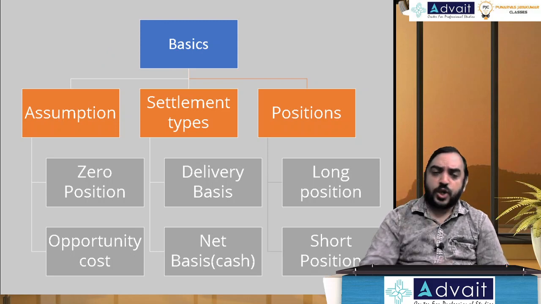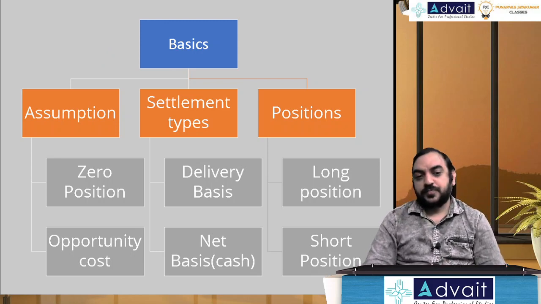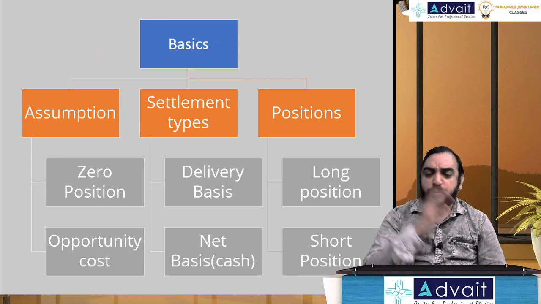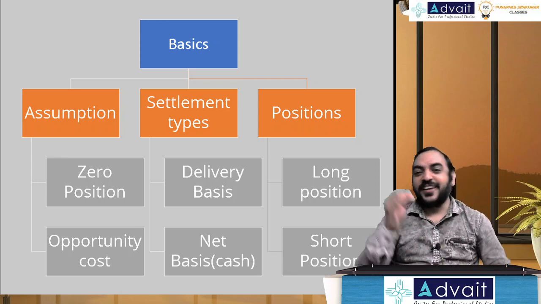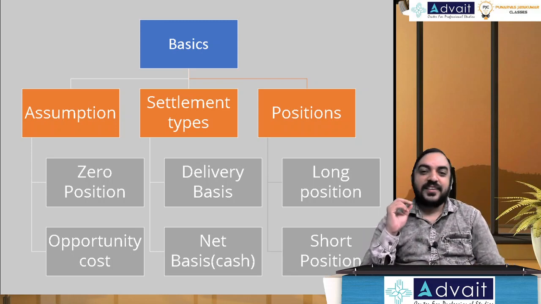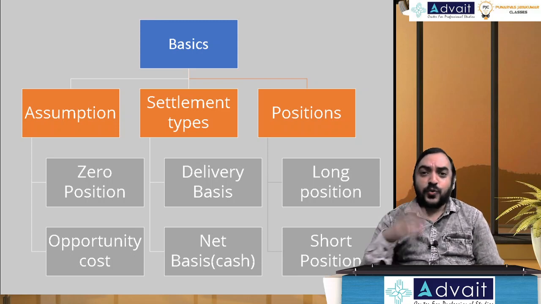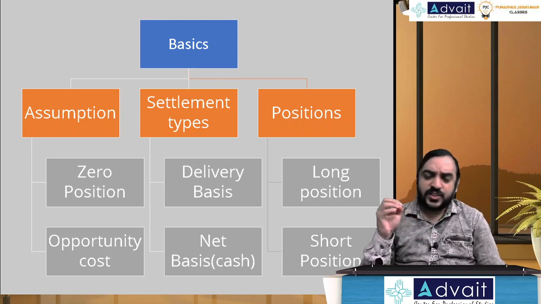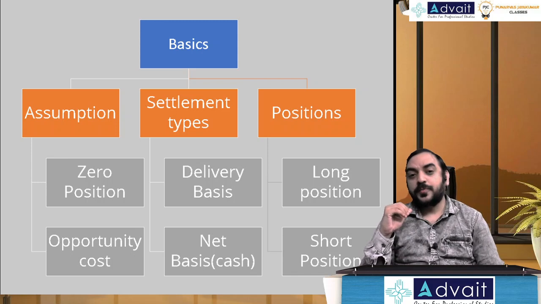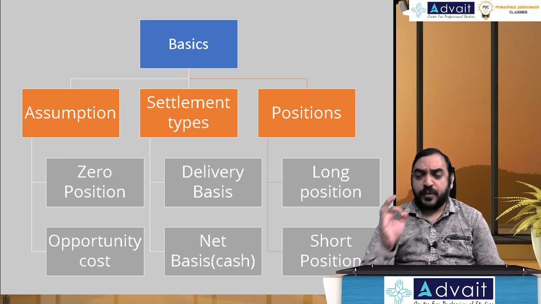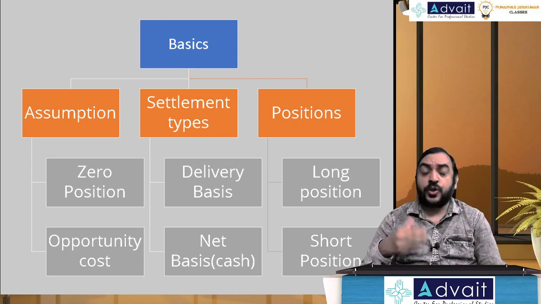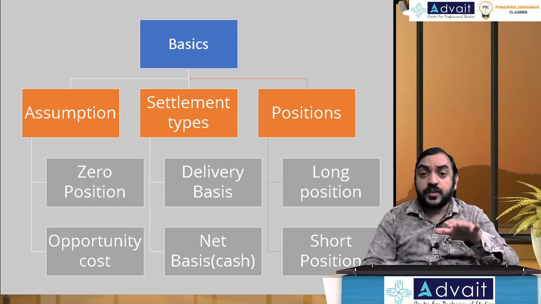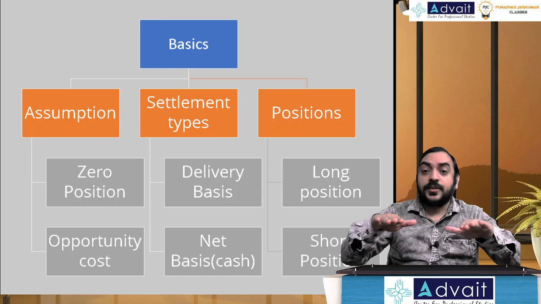Okay. Now let's talk about it one by one. The first point, zero position. It's a very interesting point. I would have told you the basics also, I'll discuss it once more. In SFM, in financial management, in derivatives, for valuation purpose, for transaction purpose, assume you are in zero position.